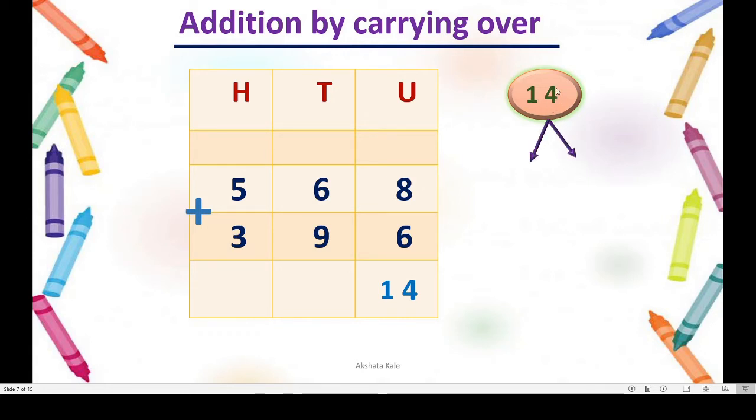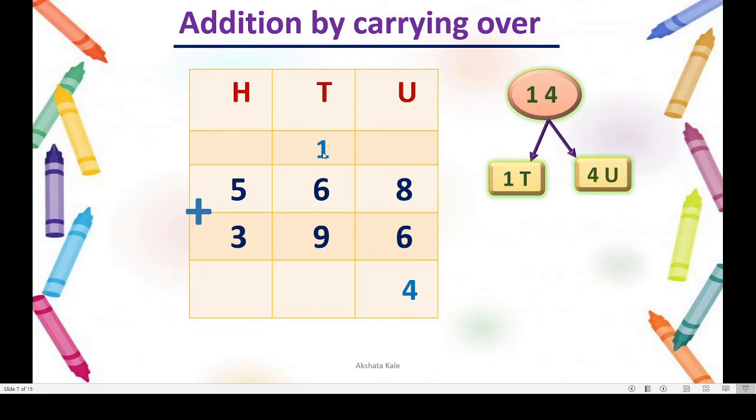That is 4 in the unit place and 1 in the tens place. So that is 4 units, 1 ten. So we will write 4 in the unit place and 1 will be carried over to the tens column. See this, 1 is carried over to the tens column. So we will write 1 here.